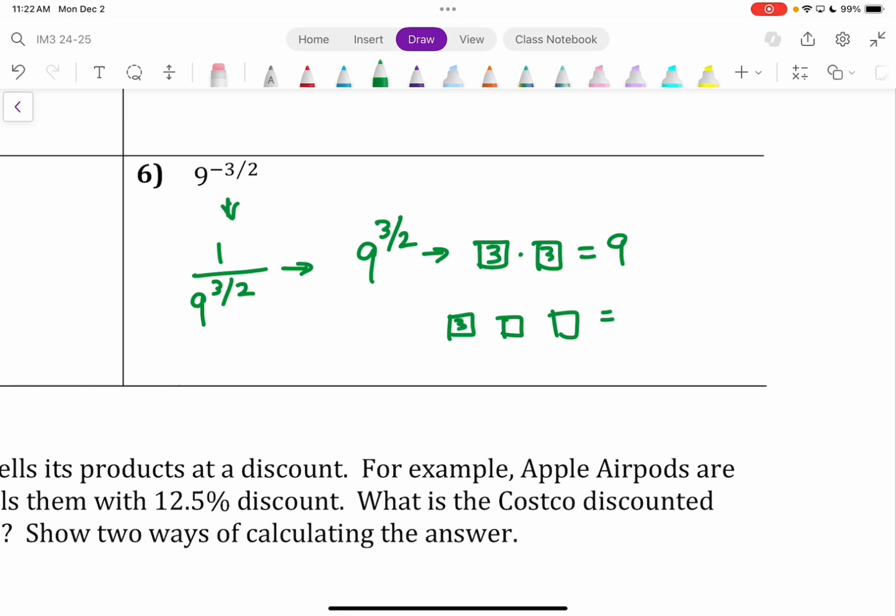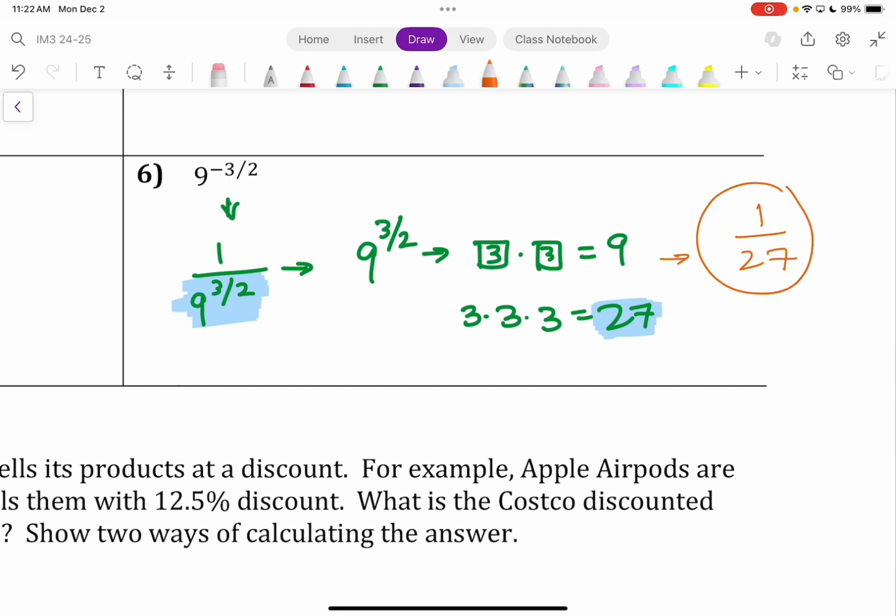Well, 3 times 3 times 3 is 27. So this right here that I'm highlighting in blue, I am going to replace with the number 27, since that is the equivalent to what we just did. So overall, your solution will be 1 over 27. That is your final solution. Okay.